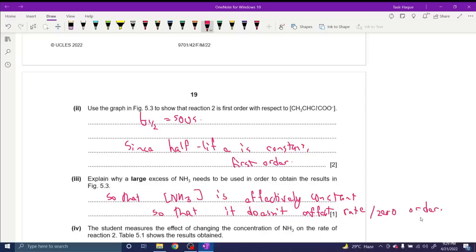That's the logic. You can't find out the rate for two things at the same time. That's why you need to keep one thing constant and investigate the other one.